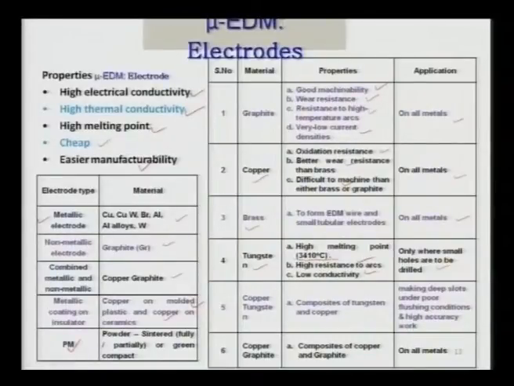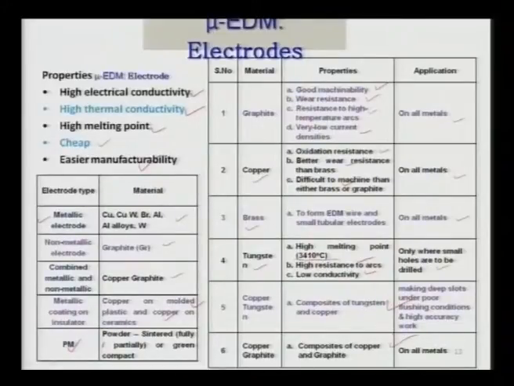Copper tungsten is used as a composite of tungsten and copper, for making deep slots under poor flushing conditions and high accuracy work. Then you can have a combination of copper graphite, a composite of copper and graphite, and again it can be used for all metals.